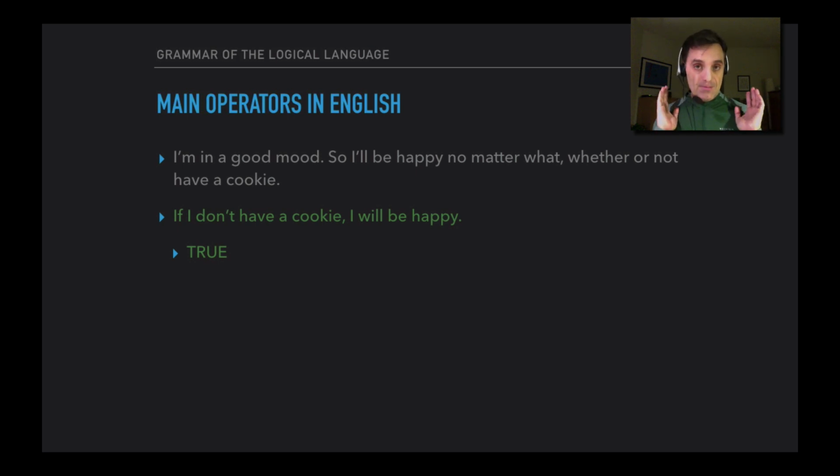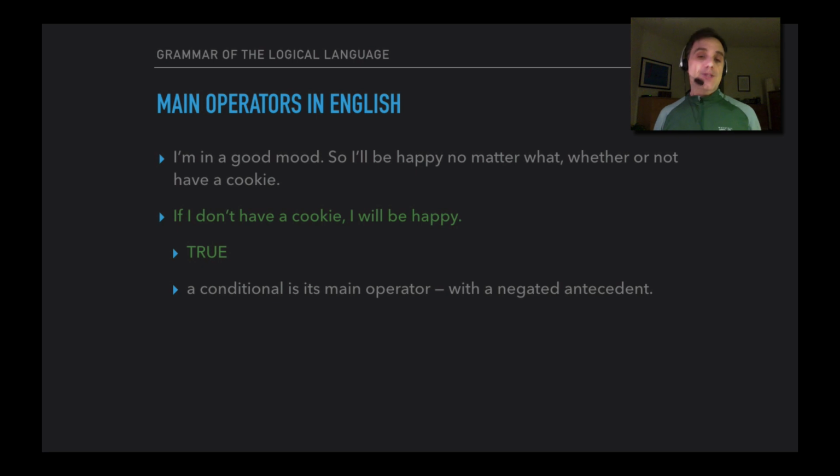Then that means its main operator is a conditional. It's a conditional that has a negation in the antecedent and a simple consequent. So the main operator of that is the if. Okay, you've already been intuitively looking at main operators in English when we've been symbolizing, and now we're getting explicit about it. So this is a conditional because its main operator is a conditional, and it has a negation inside the antecedent.